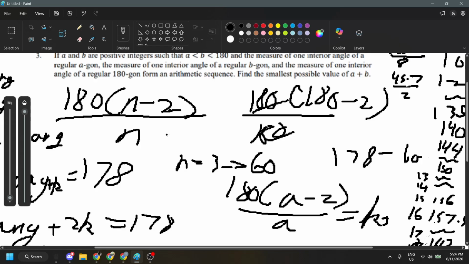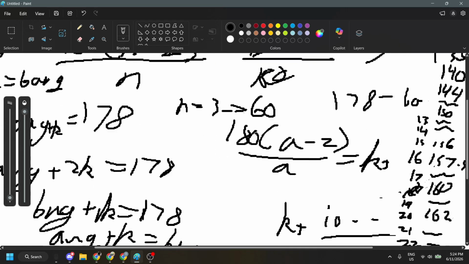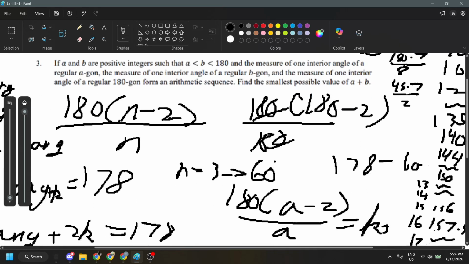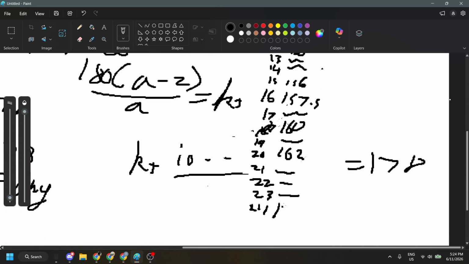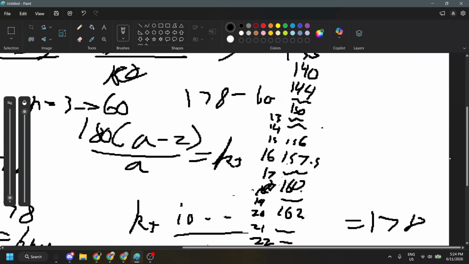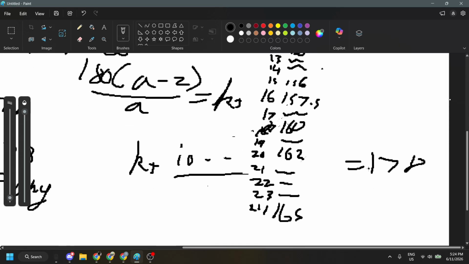Yeah, so 30 over 4 times 22. So 15 times 11, which is 165. So will one of these add to make 165? It might be this one.